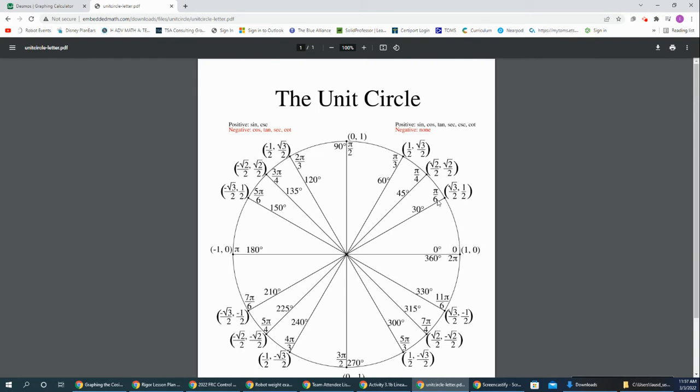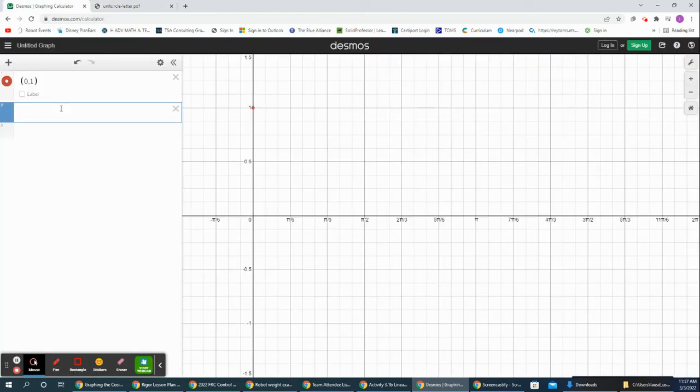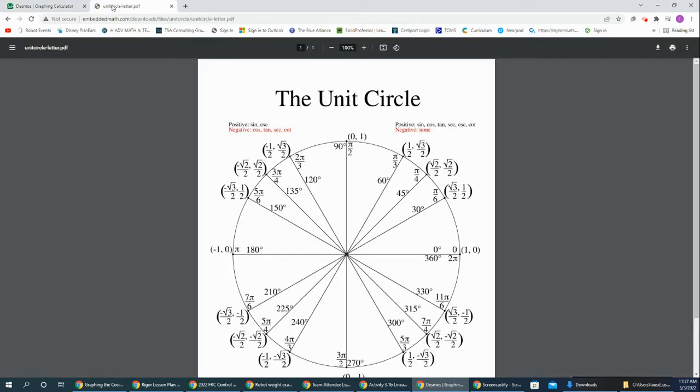Now, pi over 6, we're going to be at radical 3 over 2. So we're going to say parenthesis, pi over 6, comma, square root of 3 over 2. Okay? And then you're going to continue. Pi over 6, radical 3 over 2. Pi over 4, radical 2 over 2.